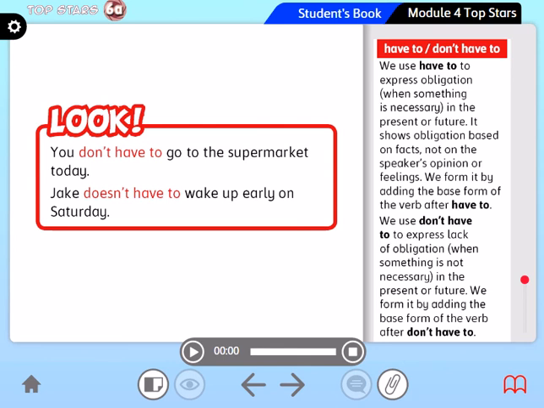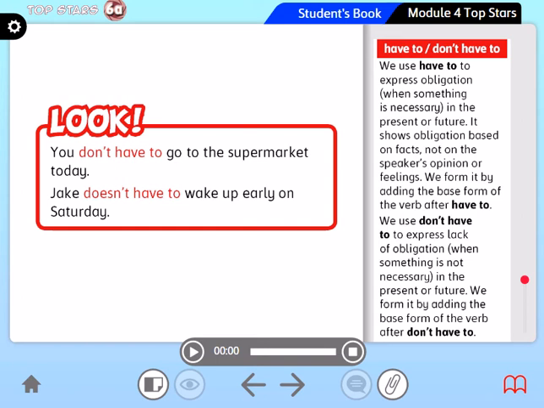So we use have to express obligation. What does the word obligation mean? When something is necessary, it's very important to do in the present or future. It shows obligation based on facts, not on the speaker's opinion or feeling. We form it by adding the base form of the verb after have to.